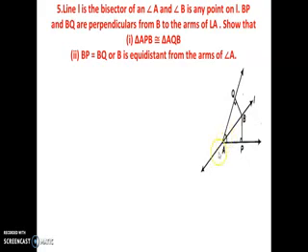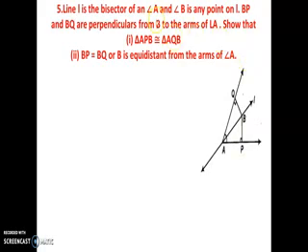So if L is the bisector of angle A, then it divides angle A equally and also angle B equally. Obviously, these two angles, that is angle QBA and angle ABP, will become equal, and angle QAB and angle BAP will become equal.